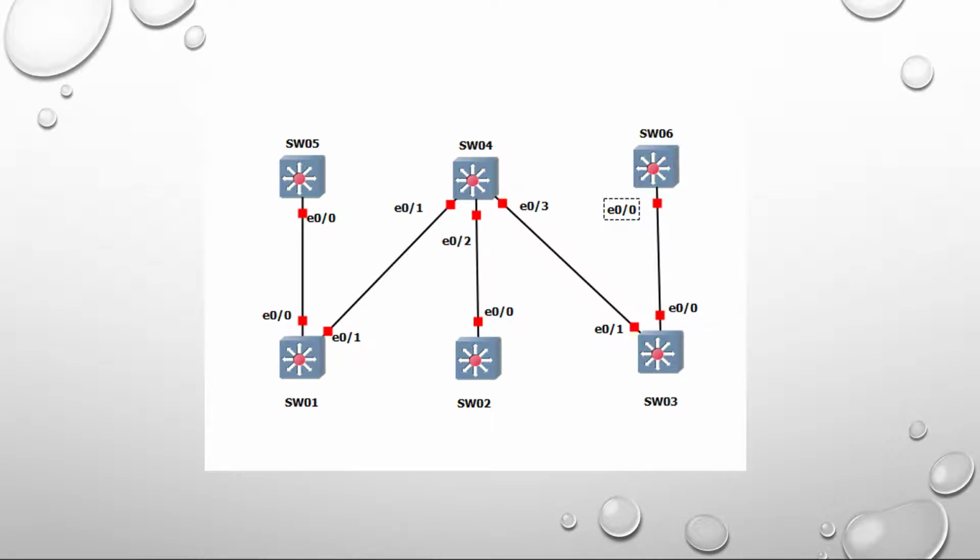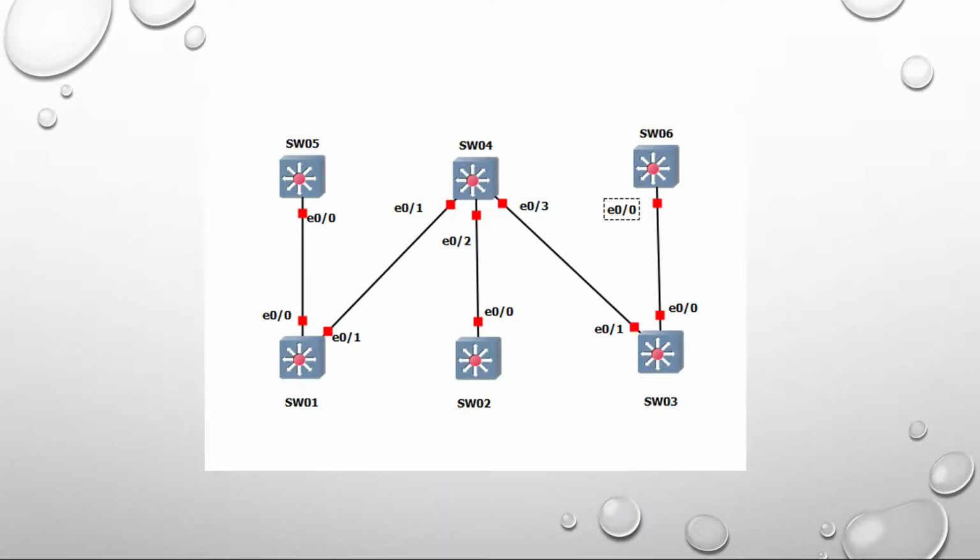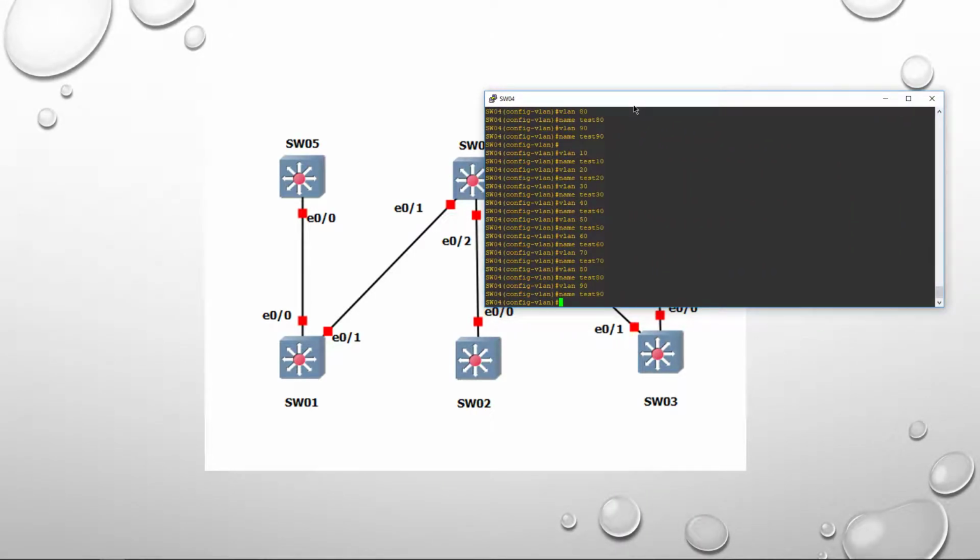So on the master or the VTP server, let's say on switch, on the connection on E01, we want switch 5 because switch 1 is transparent to the information on it. We want switch 5 to grab VLANs on VTP server, switch 4.